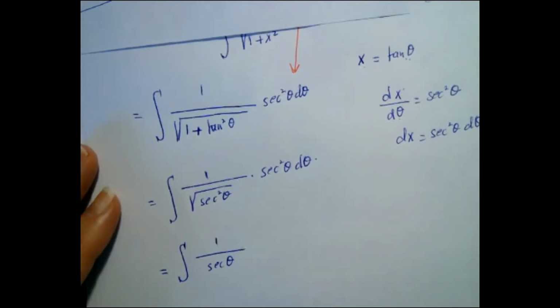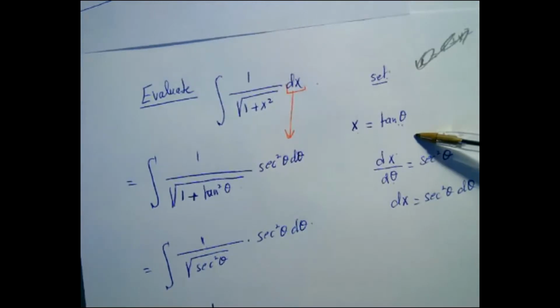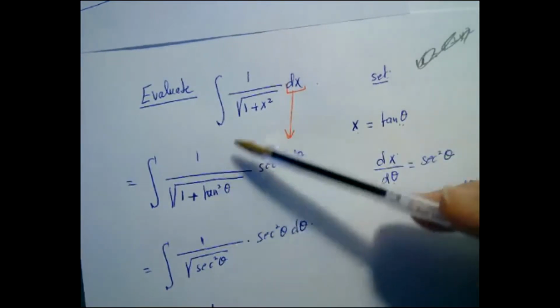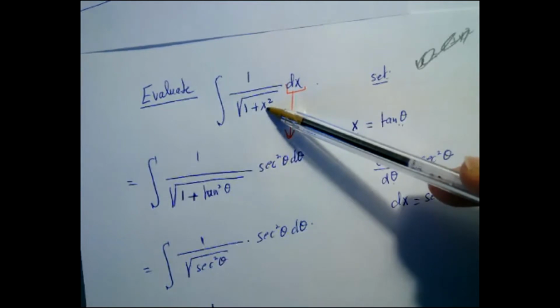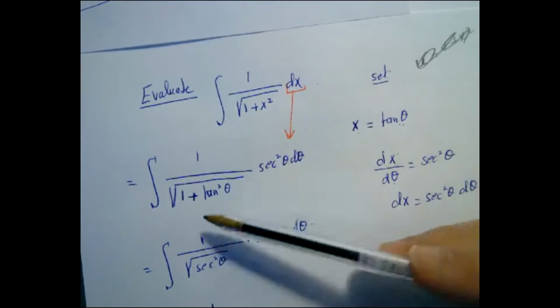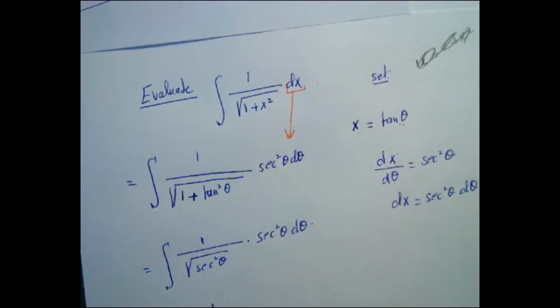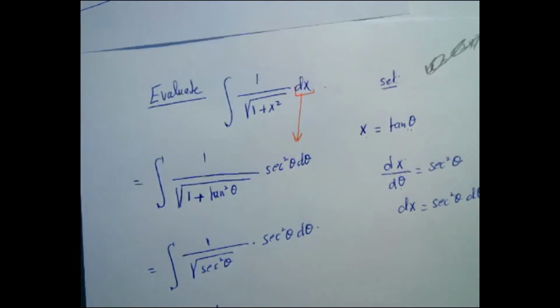So the goal of this substitution, which is very bizarre at the beginning, is basically to create a scenario: instead of having x squared, I have tangent squared, so 1 plus tangent squared gives me secant squared, and I can get rid of the square root.